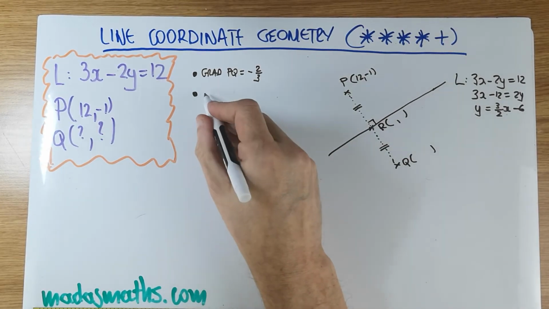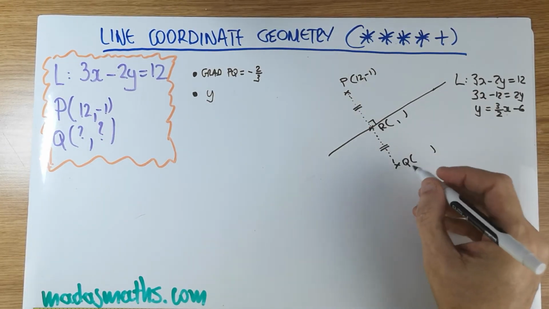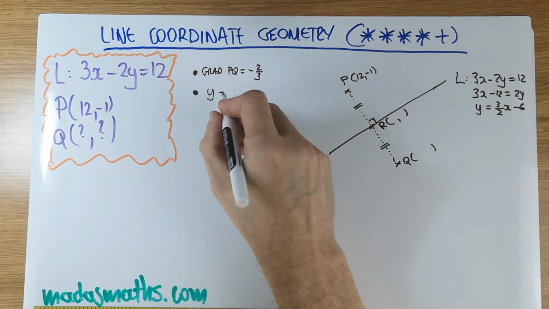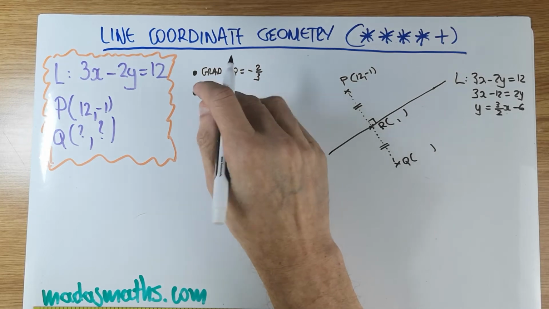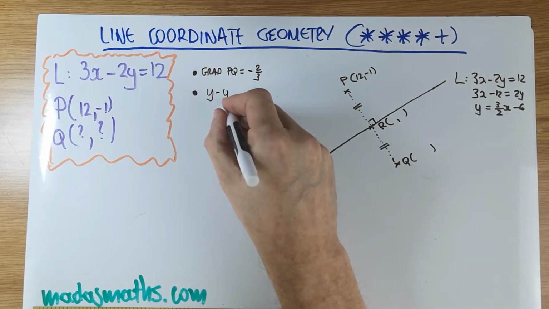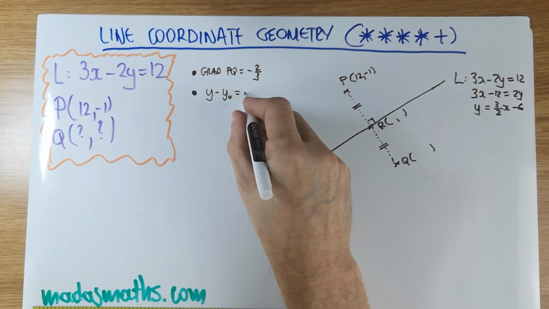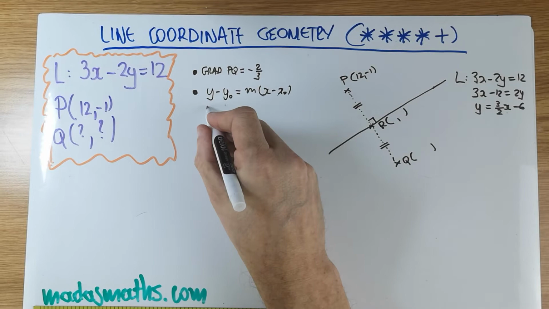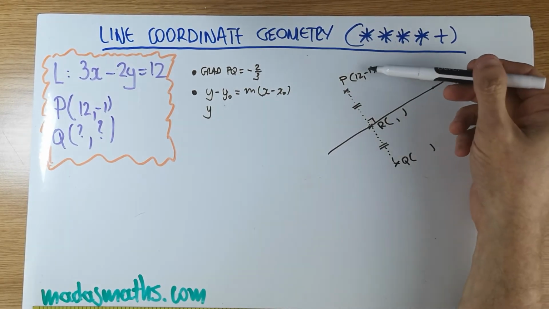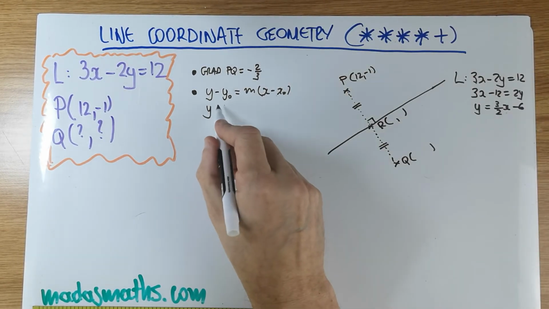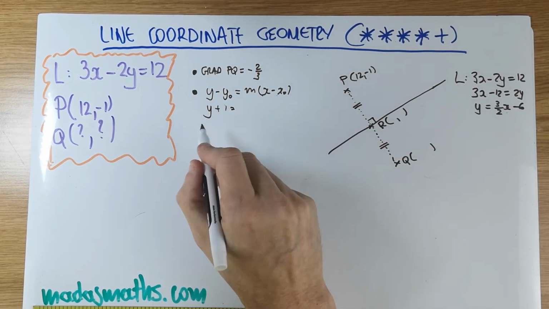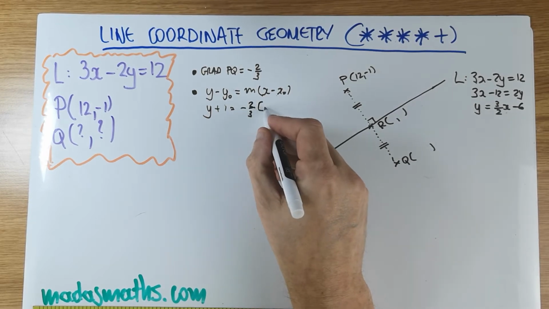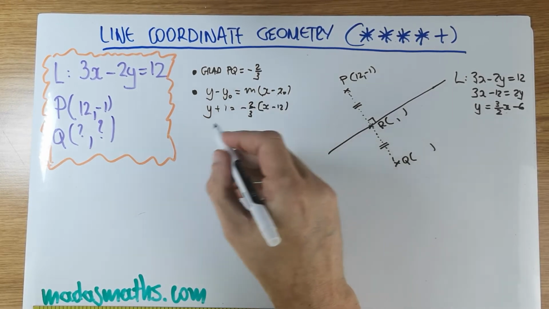So the equation now of PQ is y minus y0 equals m times x minus x0, how we normally write it. So using the point 12, minus 1 to find this, y plus 1, with the correct gradient, which is minus 2/3 because it's perpendicular, times x minus 12.